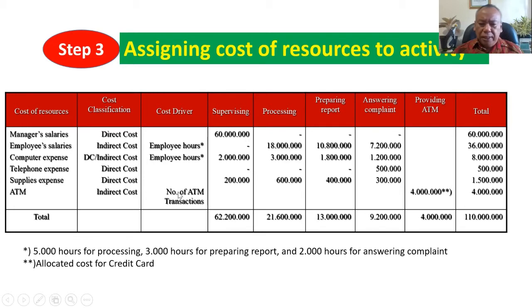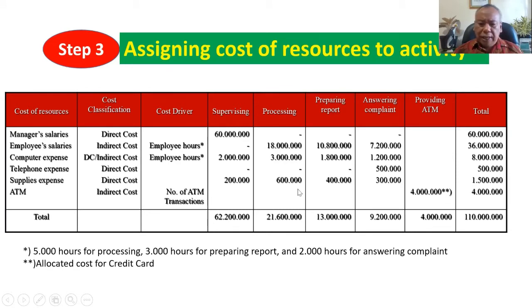For example, in this case, 4 million is the allocated cost for credit cards. Actually, the ATM cost will be allocated to other products aside from credit cards, and the allocated cost for credit cards is 4 million.